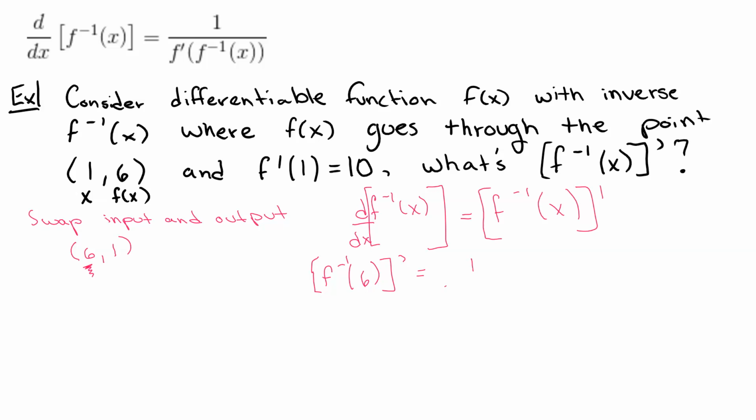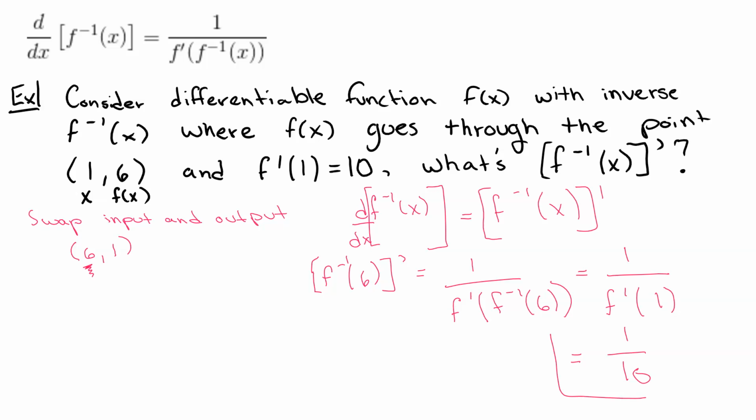So using our definition here, we've got the derivative when we are looking at our inverse at that value. So I'm going to have 1 over f prime, and then the inverse at 6 is 1. And then f prime at 1 is 10. So we have our answer here.